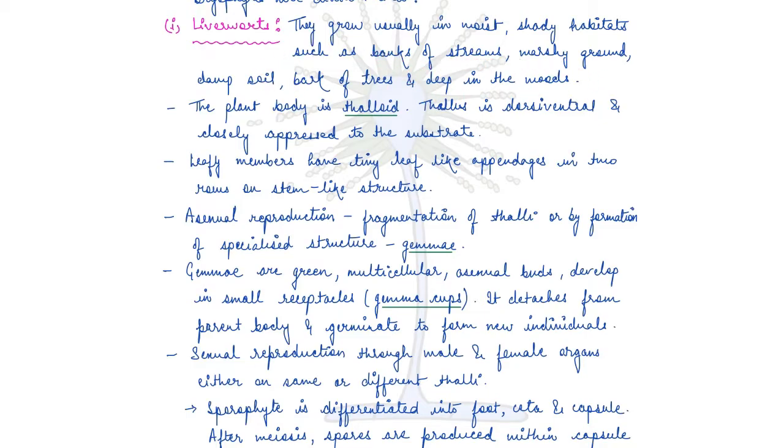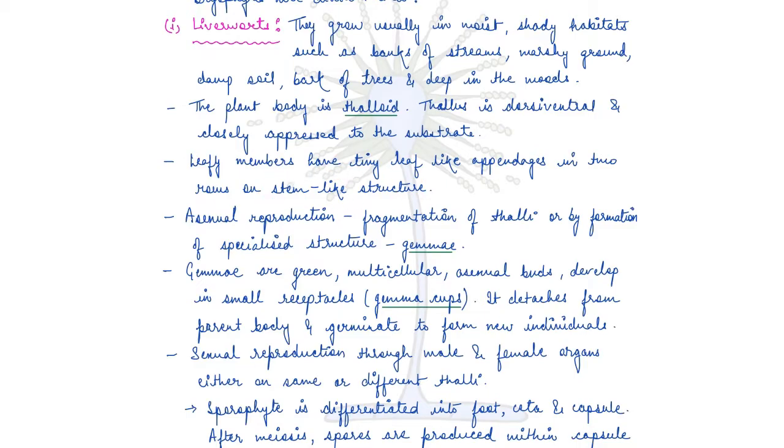Now here again, as you can see, the plant body is thalloid. This thallus is dorsiventral and it is closely pressed to the substrate. You will understand this when you see the diagram of a liverwort. They have leafy members as well, and leafy members have tiny leaf-like appendages in two rows on a stem-like structure.